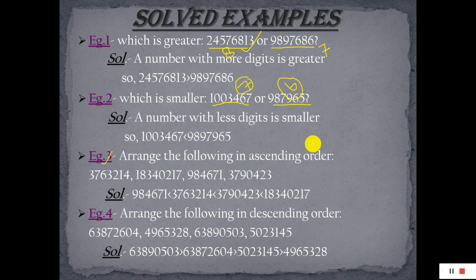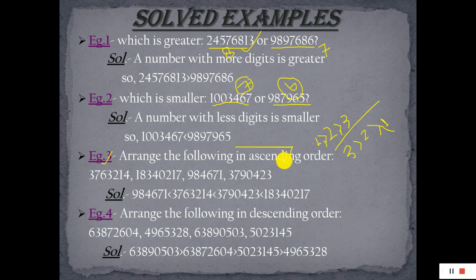If we arrange numbers in this manner, this is called ascending order. And if we arrange the numbers in this manner, this is called descending order. So arrange the following in ascending order.